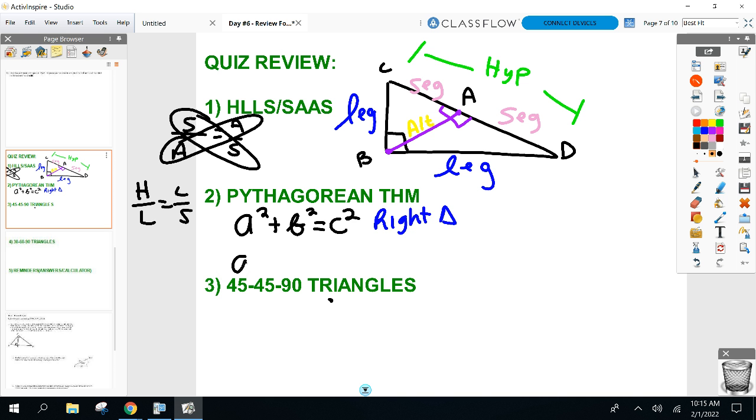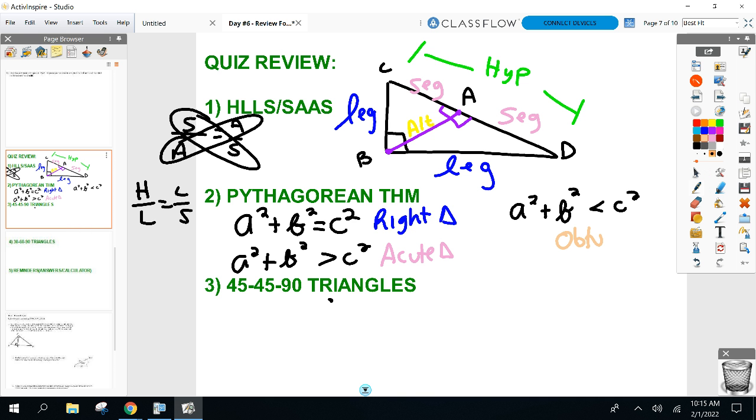What if a squared plus b squared is bigger than c squared? This is an acute triangle. And then finally, the only other option is that c squared is actually bigger, and this would be an obtuse triangle. So there is one little small question on there about acute, obtuse, right, using Pythag.